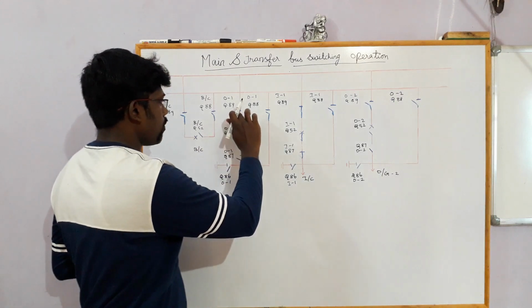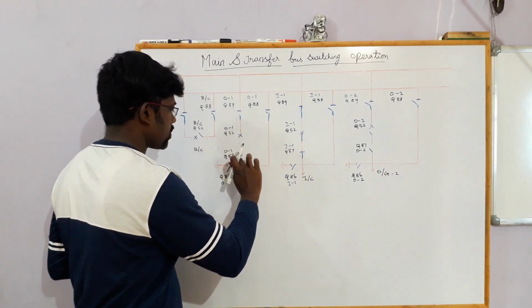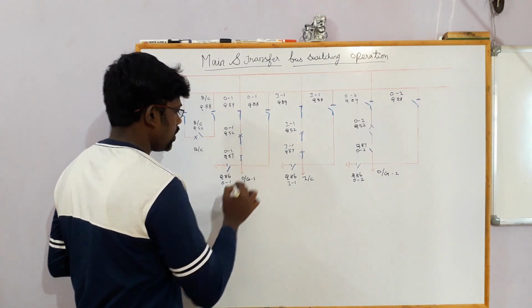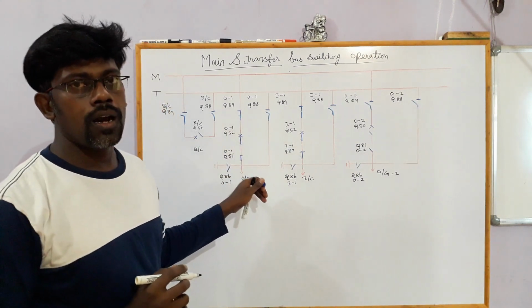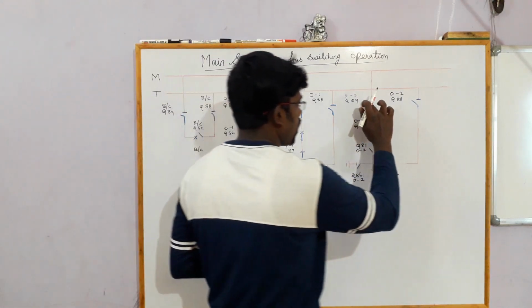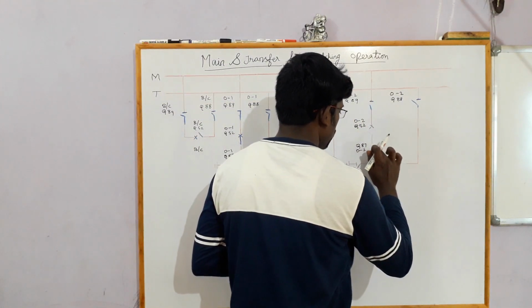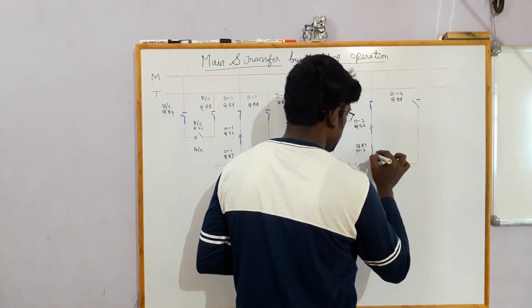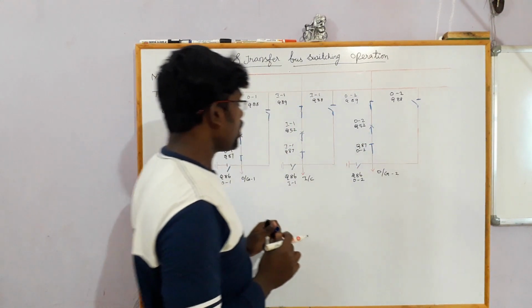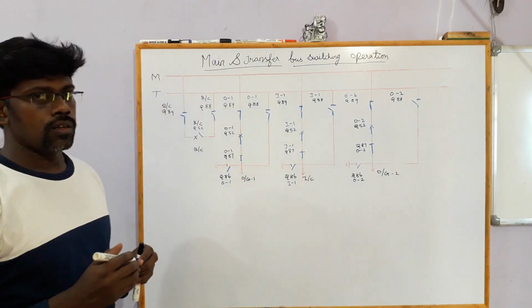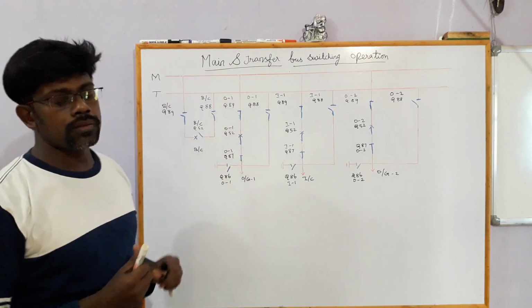And by this, the outgoing takes supply from the main bus. This also is going to take supply from the main bus. Now one incoming and two outgoing are taken from this main bus.